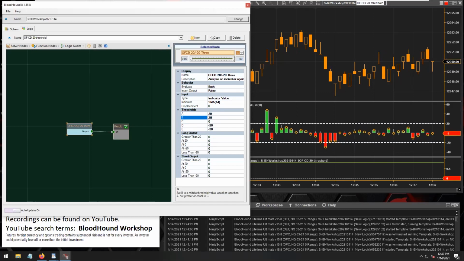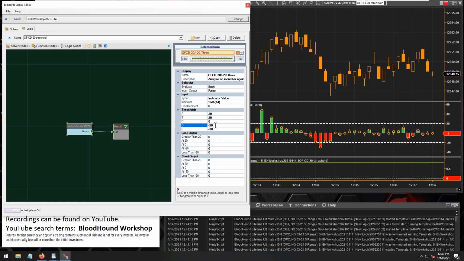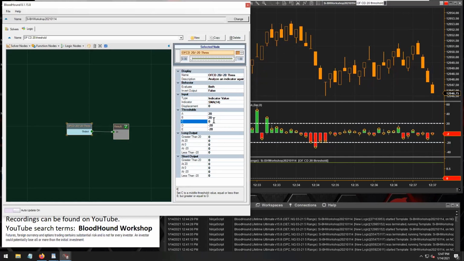That's why 20 is in here twice, and that's why -20 is in there twice. And then threshold C needs to be a value somewhere in the middle, somewhere between 20 and -20. So we can just leave it at 0.